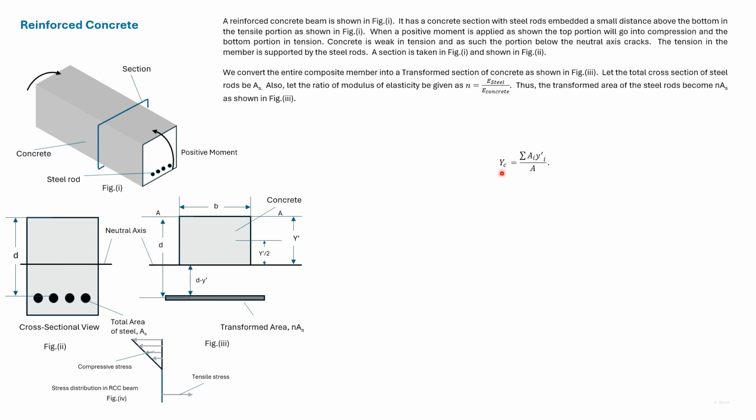So Yc is 0. If Yc is 0, then the summation of Ai yi dash is 0. So here, instead of Yc being an unknown, we have turned Yc into a known and y dash into an unknown.